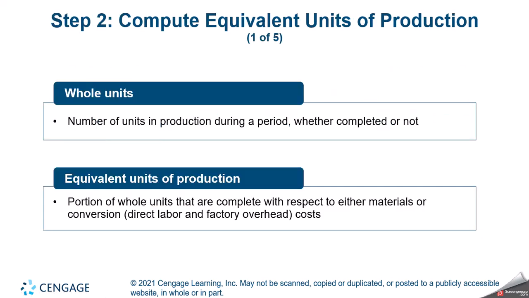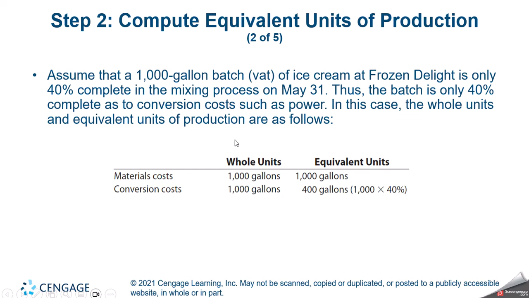So then again, I'll let you look through that exercise. Then our next step is to figure out our equivalent units of production. So the whole units that were started into production, and then now we're saying, okay, but how far along are they? So we've got a 1,000-gallon batch of ice cream.